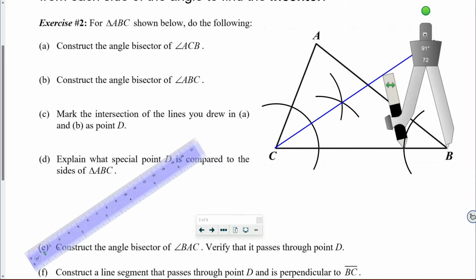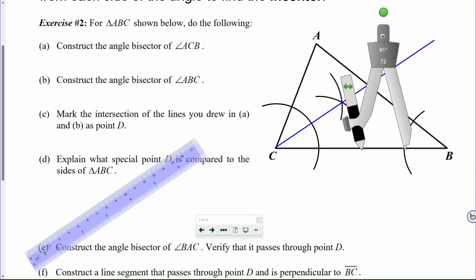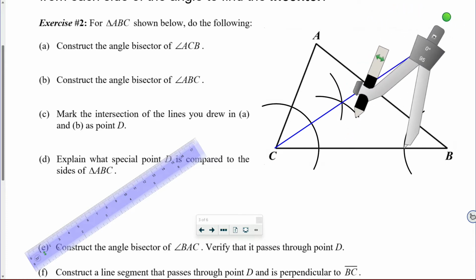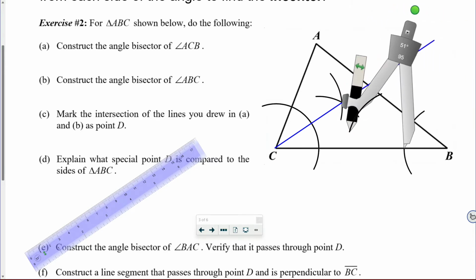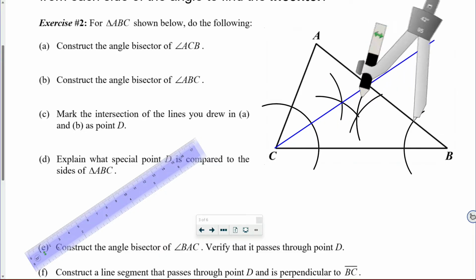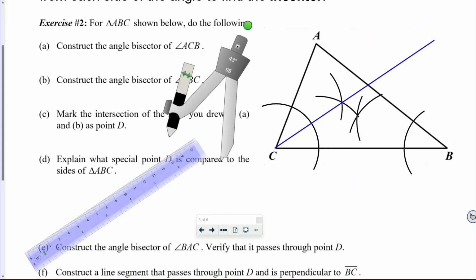So I make that arc, come over here, maybe make this a little bit longer, and draw an arc there. These pictures can get very complicated. Draw another arc there. I'm going to just mark that intersection point. It's right there.